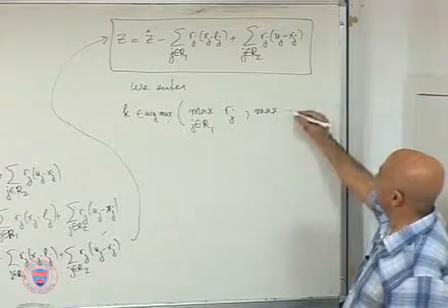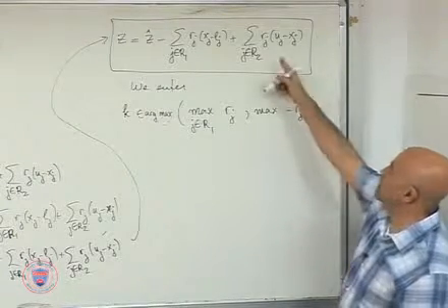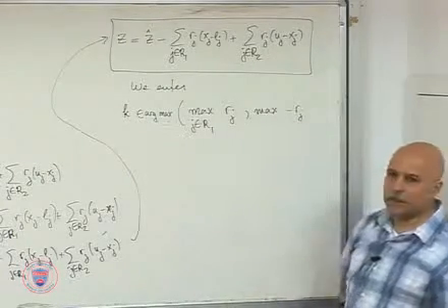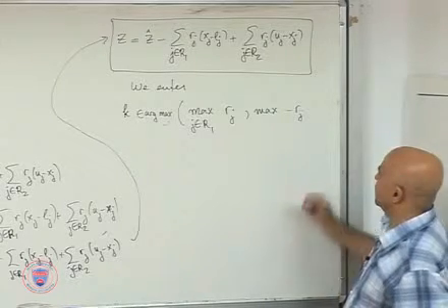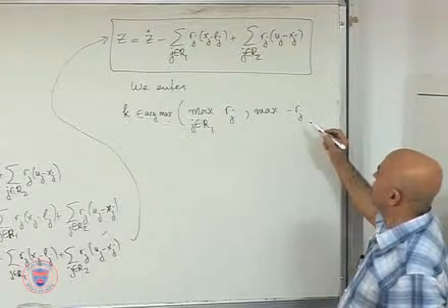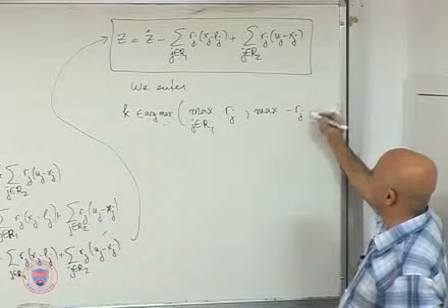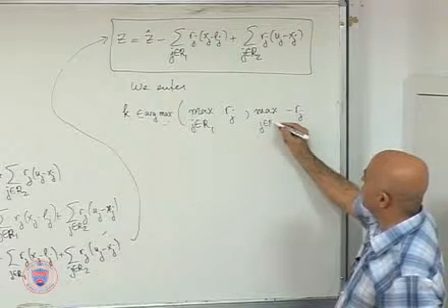Or the maximum of the negative Rj's. Rj's in the second set are supposed to be negative, okay? And so negative Rj is positive, j in R2.